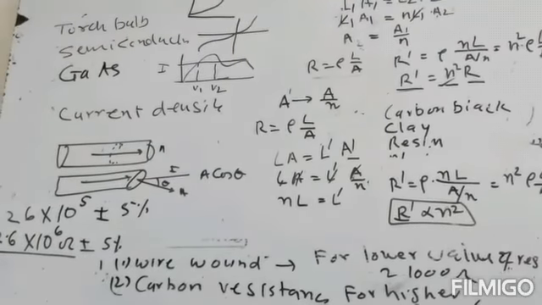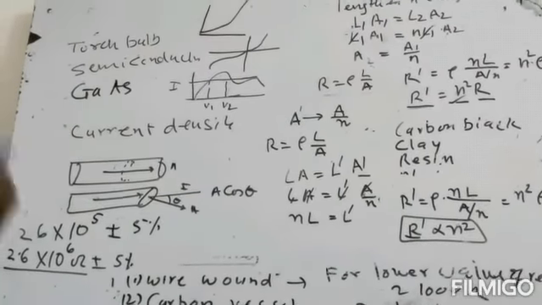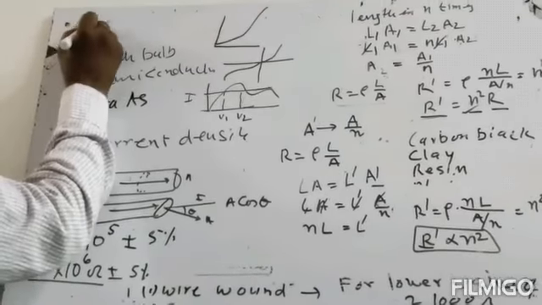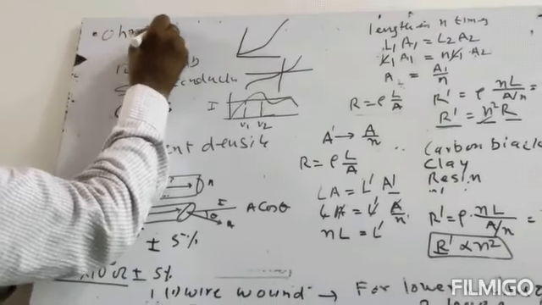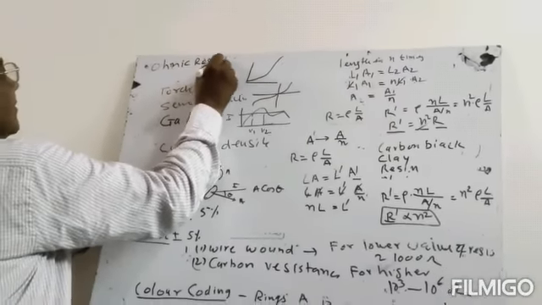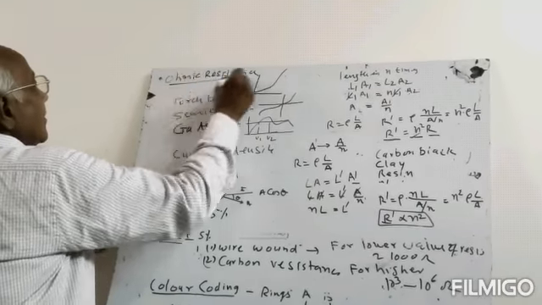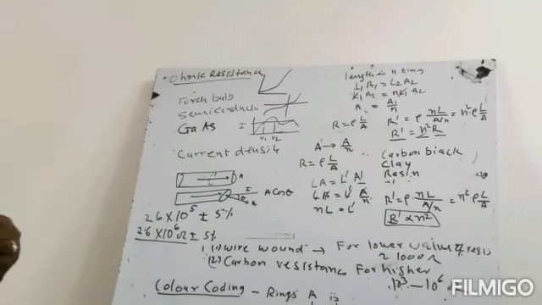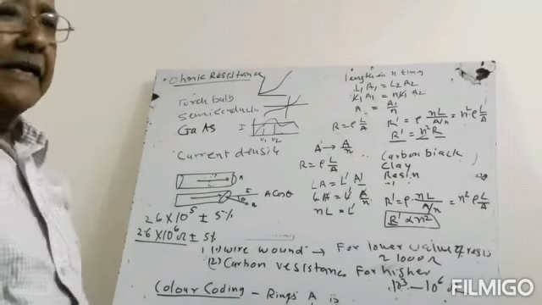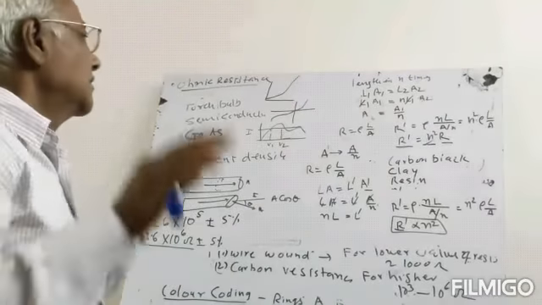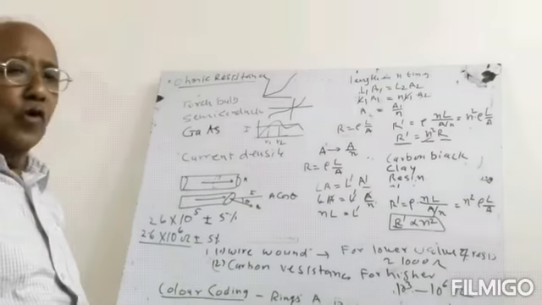Now we know what the ohmic resistance is. What do you mean by ohmic resistance? Ohmic resistance is that resistance which obeys Ohm's law.